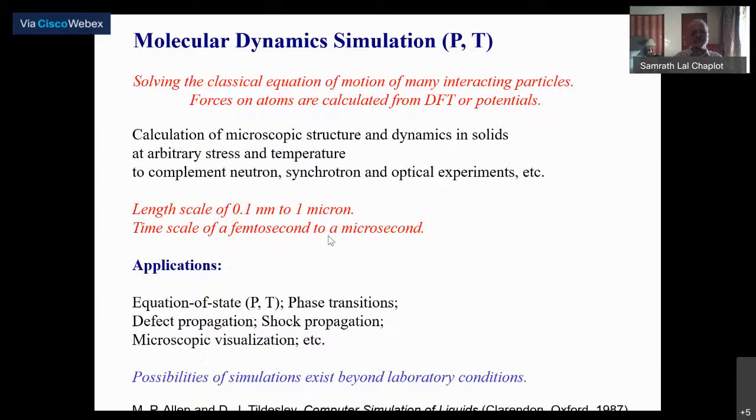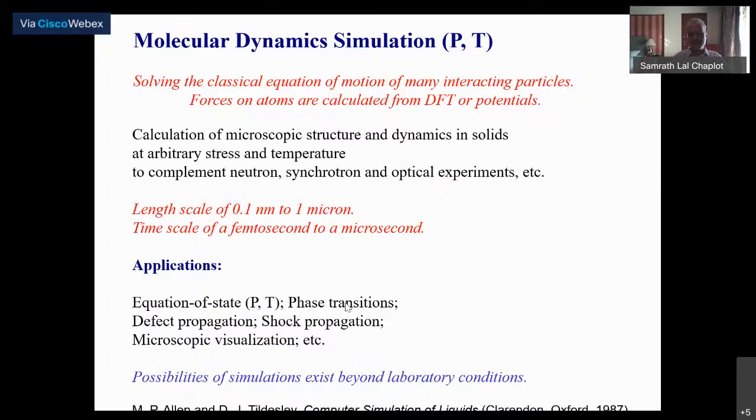Typically, the calculations are done for only a few hundred atoms in case of ab initio molecular dynamics, or running into thousands of atoms for classical molecular dynamics. But in either case, the length scales are limited to about an angstrom to a micron. The lower end is the limitation for ab initio molecular dynamics, and with classical molecular dynamics, we can approach the upper end.